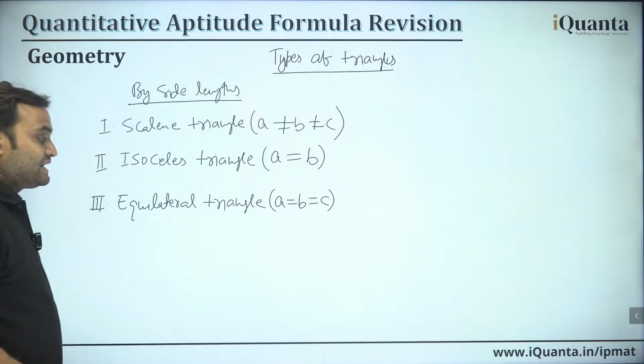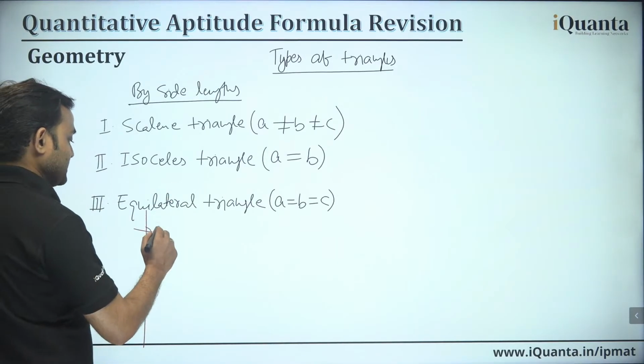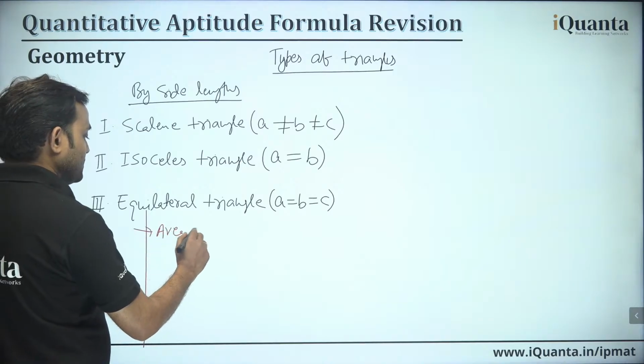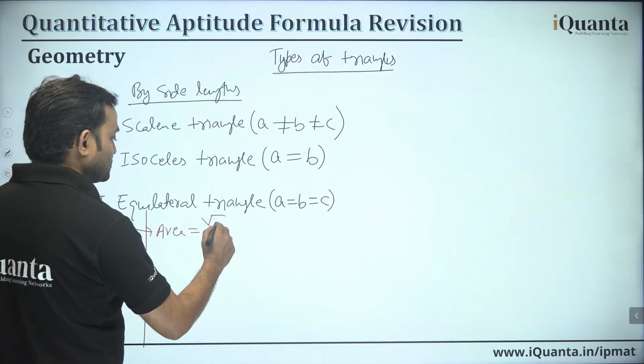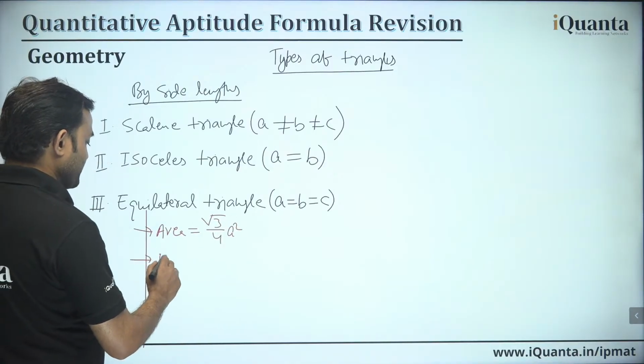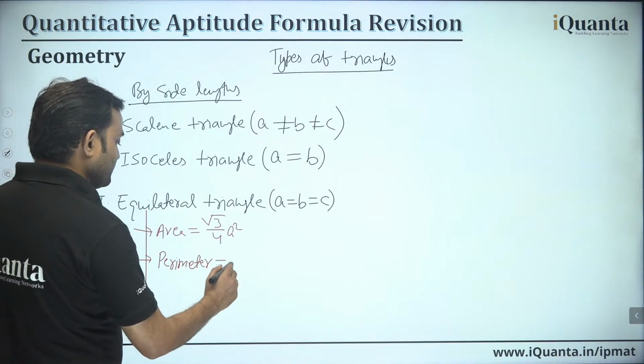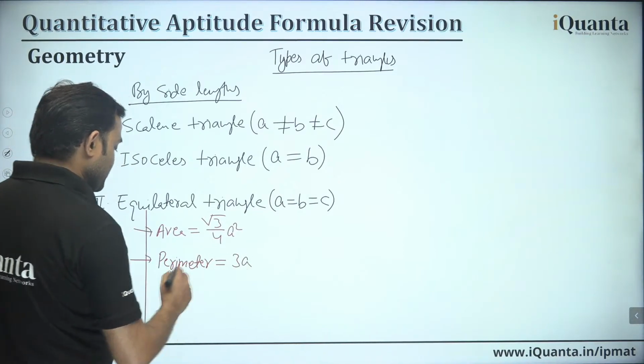Now, remember, in case of an equilateral triangle, what we can say, area will be equal to root 3 by 4 a square. The perimeter will be equal to 3 times a.